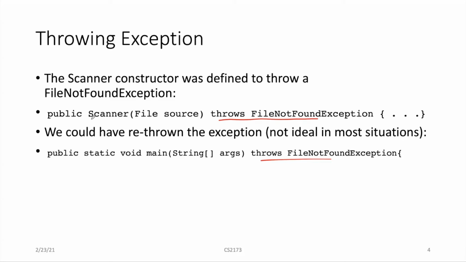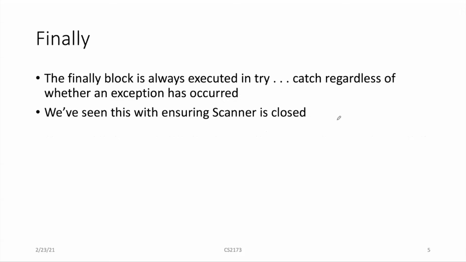So again, the scanner class doesn't know how you want to handle this. And so it's just going to say, look, I'm going to throw a file not found exception, and it's going to be up to you to deal with it. So that's an appropriate use of the virtue of that's not my job. Okay, and finally, we have the finally block.